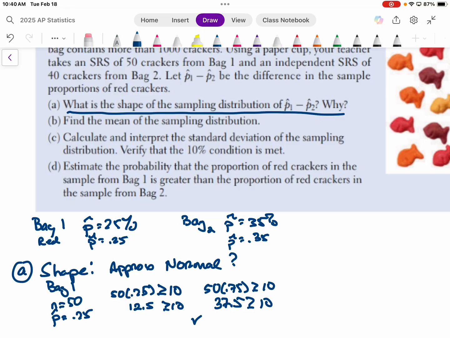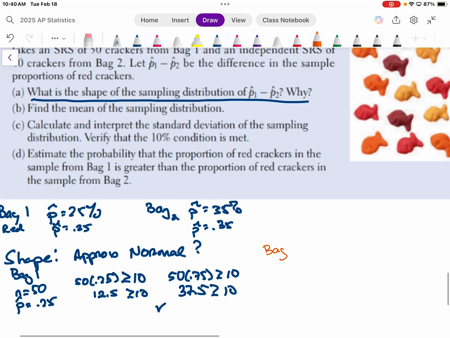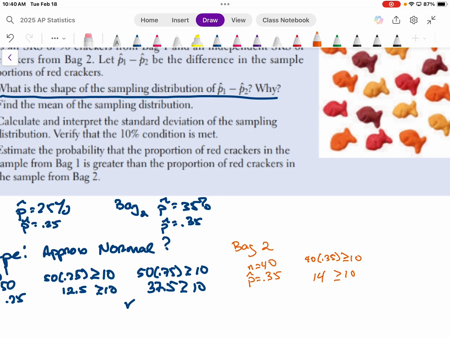I also have to check bag 2. So for bag 2, n was 40 and P hat was 0.35. So is 40 times 0.35 greater than or equal to 10? That's 14. And then 40 times 0.65 greater than or equal to 10.